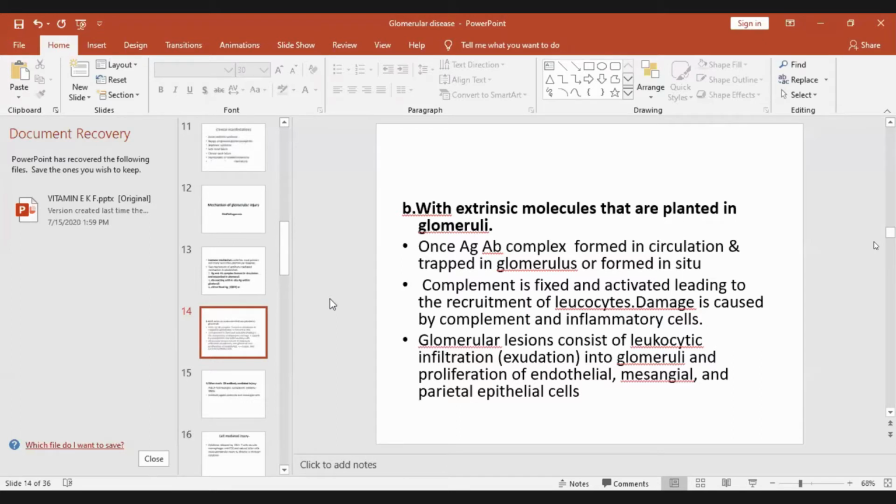The glomerular lesion consists of leukocyte infiltration, that is called exudation, into glomeruli, and proliferation of endothelial cells, mesangial cells, and parietal epithelial cells. As I told you, the Bowman capsule has visceral epithelial and parietal epithelial cells. So there is proliferation of parietal epithelial cells, endothelial cells, mesangial cells, and leukocytes.